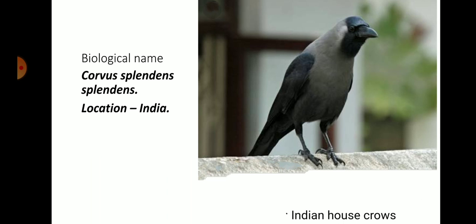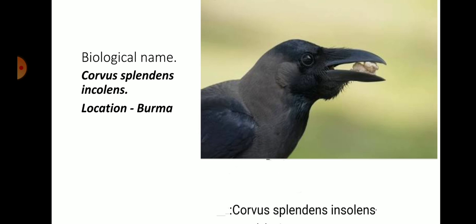This is the first example, the Indian house crow. The Indian and Pakistani house crow has been assigned the name Corvus splendens. The next example has the subspecific name Corvus splendens incolens.